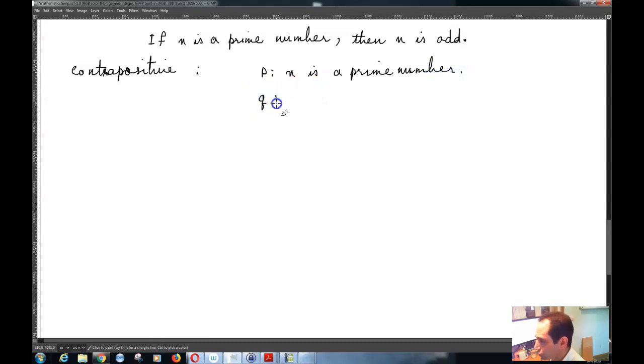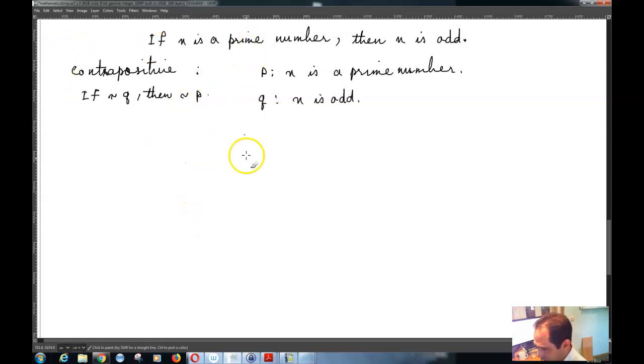And q, you can say x is odd. Now to write the contrapositive of this, you have to write if not q, then not p.